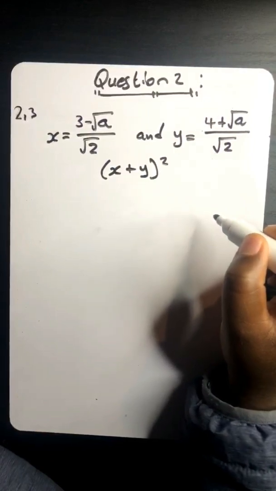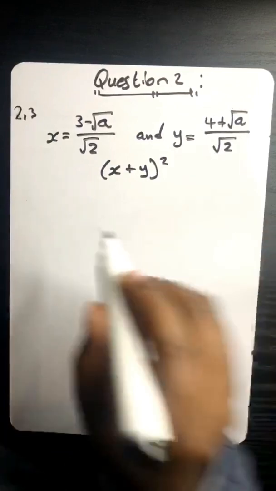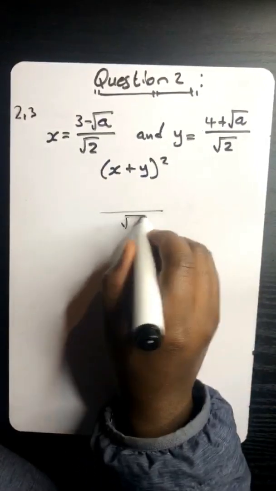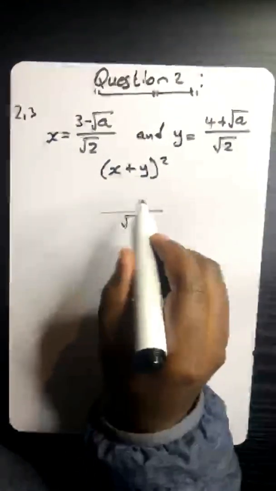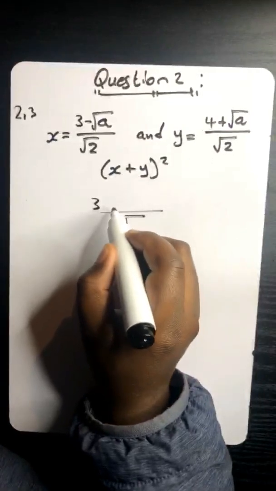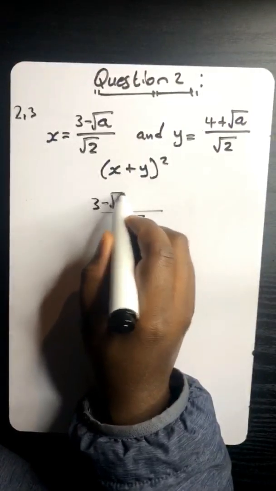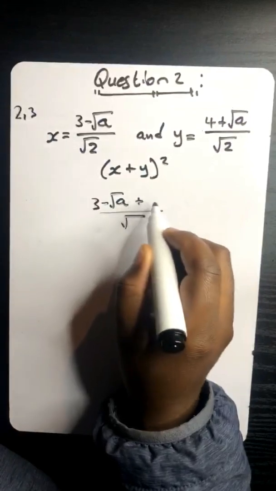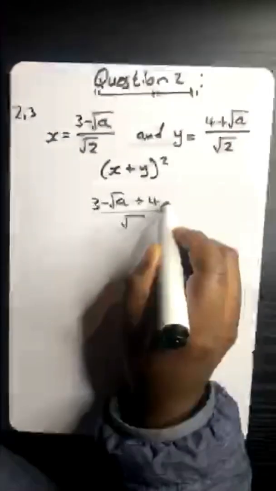So since x and y both have the same denominator, we can just put the numerators over the square root of 2. Yes, is this what you are showing?